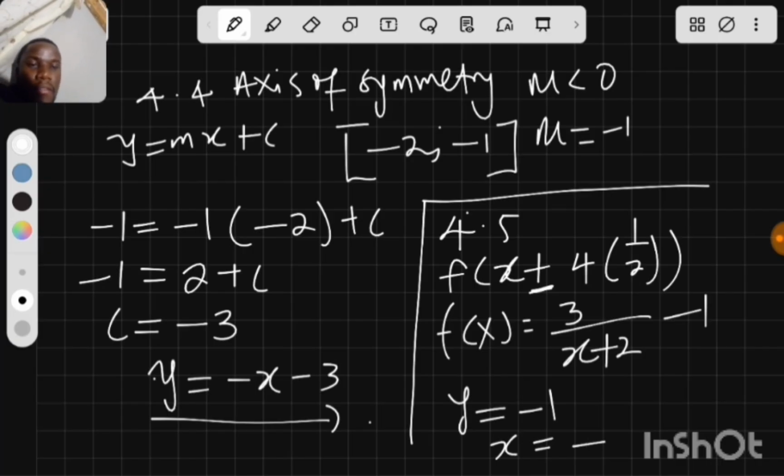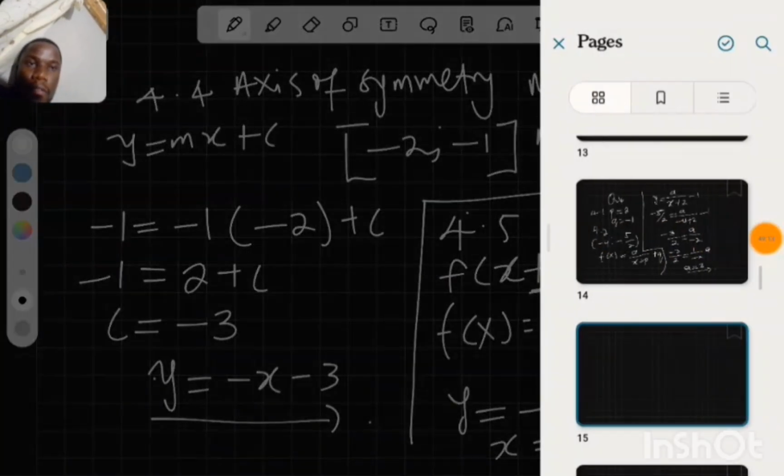Then where you see x, you substitute 4 1 over 2 plus 2, which is 6.5. That means it moved 6.5. Our asymptote will change to 6.5. I hope you understand what I'm trying to do.